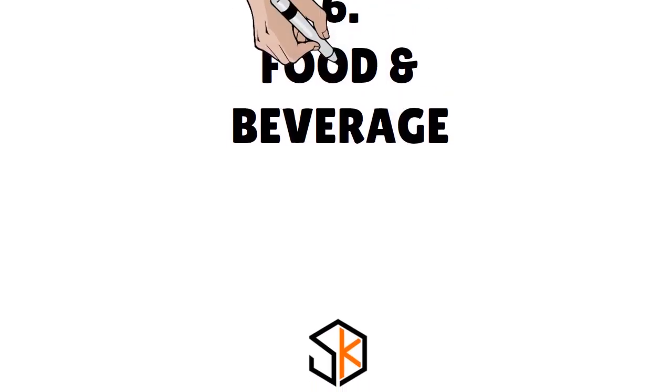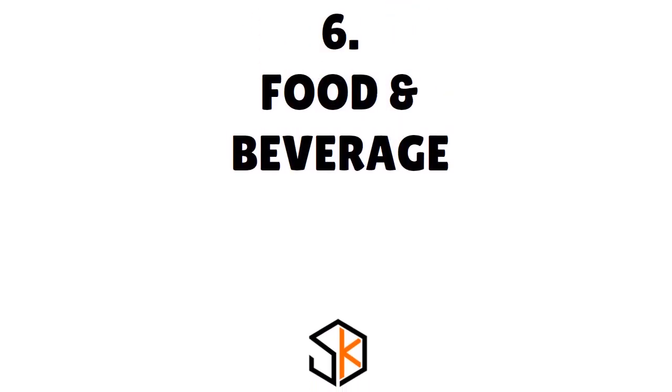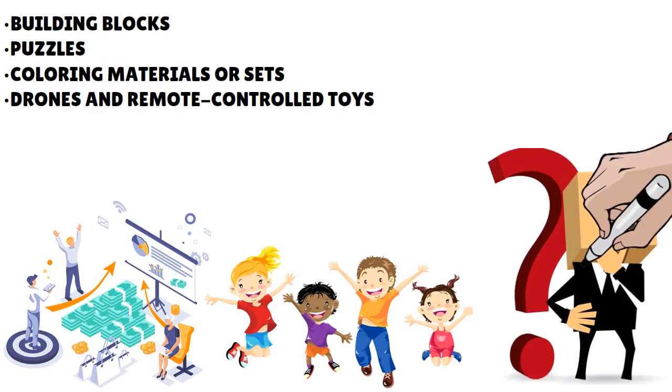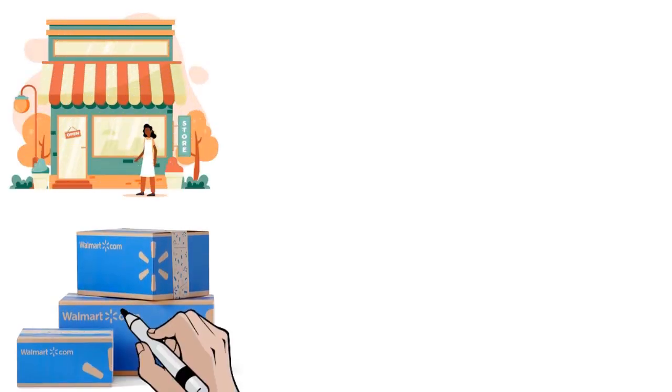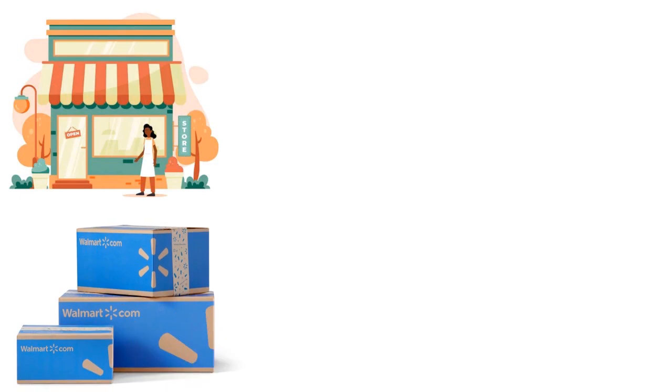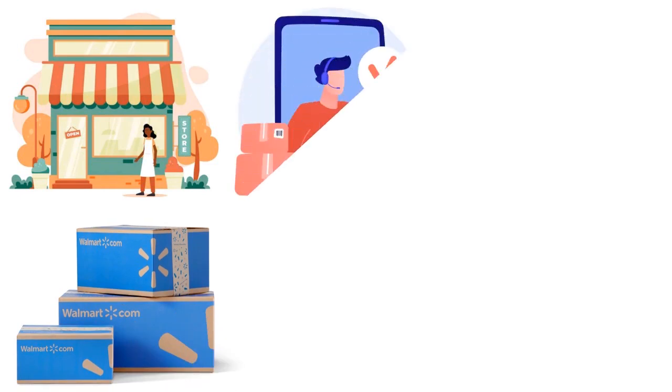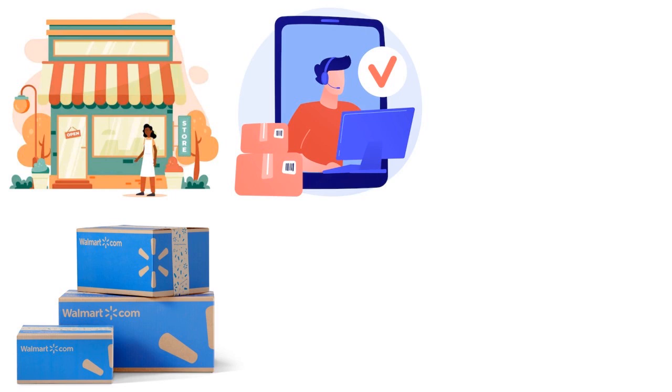You also have food and beverage. Okay, food and beverages are a little bit tricky to dropship, considering that you will be competing with physical stores, right? Such as Walmart. So picking the right types of food and drink products is the key to success in this niche. Let me give you a few examples of foods you can actually dropship.